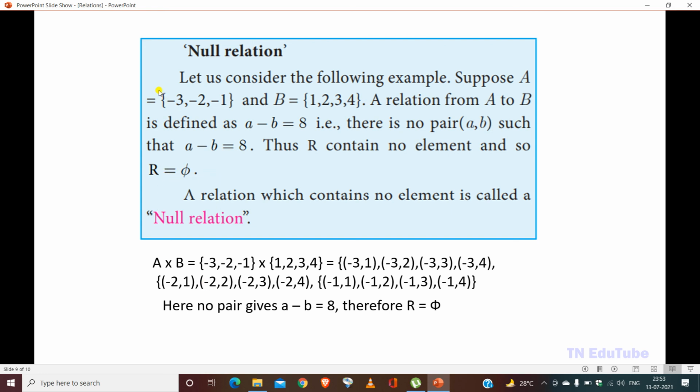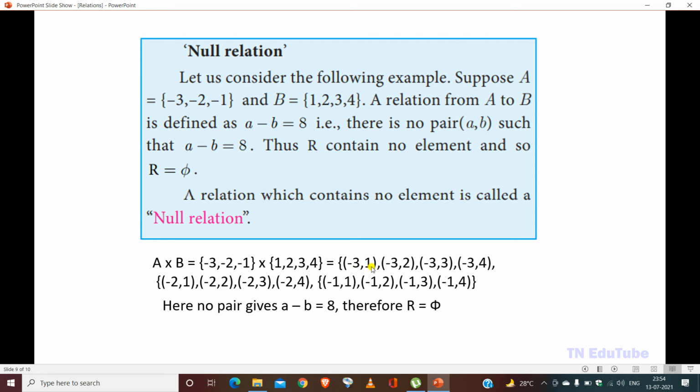See this, A and B are given now. When you are finding A cross B, A is minus 3, minus 2, minus 1, cross B is 1, 2, 3, 4. When you take the cross product, you get minus 3 comma 1, minus 3 comma 2, minus 3 comma 3, minus 3 comma 4, and so on, like this, up to minus 1 comma 4. Here you see that subtracting never gives 8.